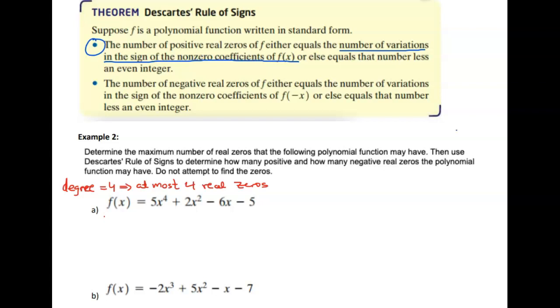So going 5 is positive and 2 is positive. So it didn't change sign, it stayed positive. But from 2 to negative 6, there's a sign change because 2 is positive and negative 6 is negative. So there's one sign change here. Then I go from negative 6 to negative 5. There's no sign change because they're both negative. So here I have one sign change.